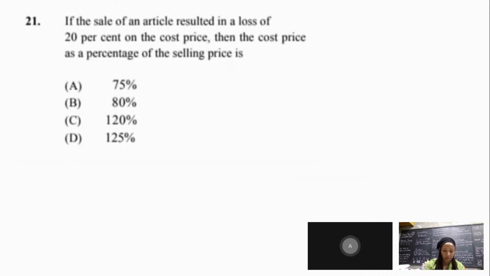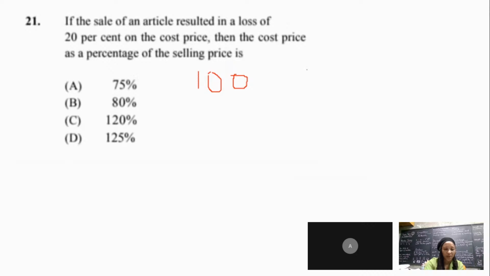No, the cost price as a percentage of itself. The cost price is the cost price, so it's 100% of itself, right? It's the full price, and the selling price is 20% less because it's a discount.